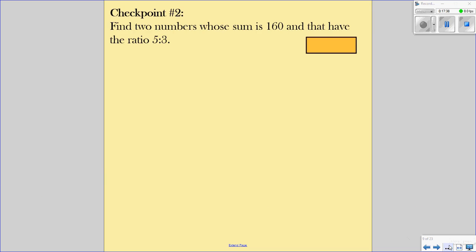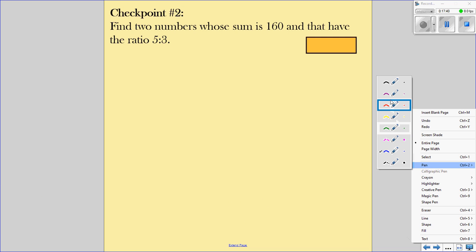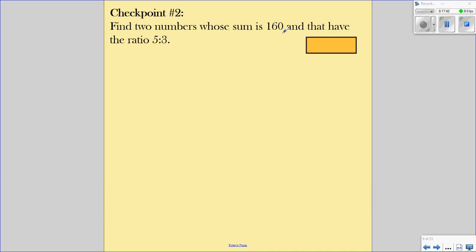Let's do the next one. Find two numbers whose sum is 160 and have a ratio of 5 to 3. So 5x plus 3x equals 160. Add it up and then divide.